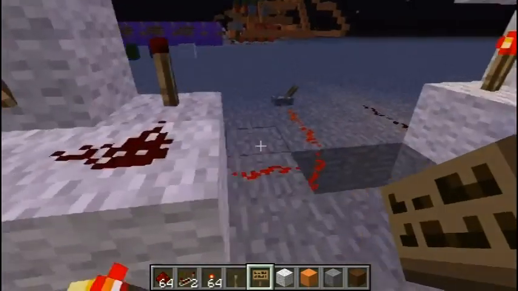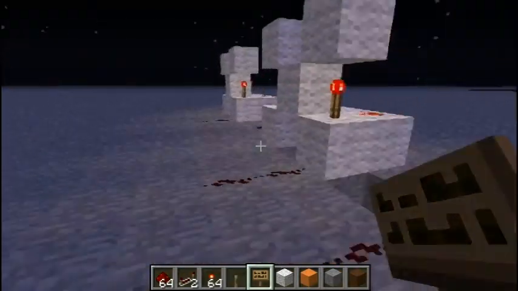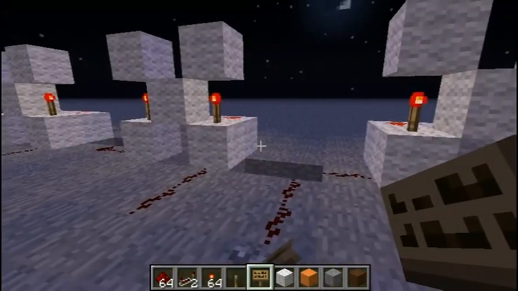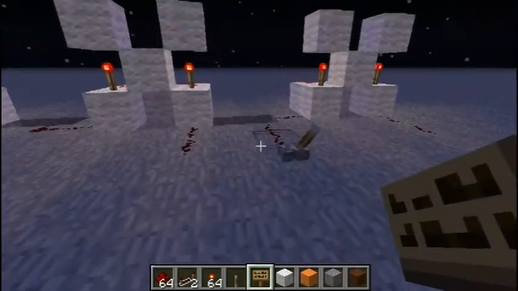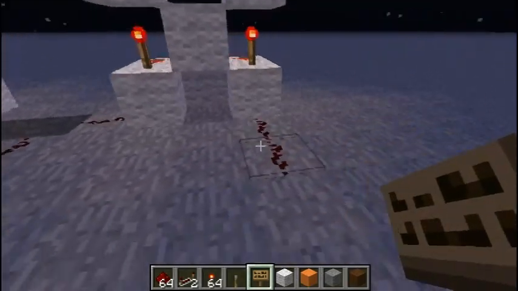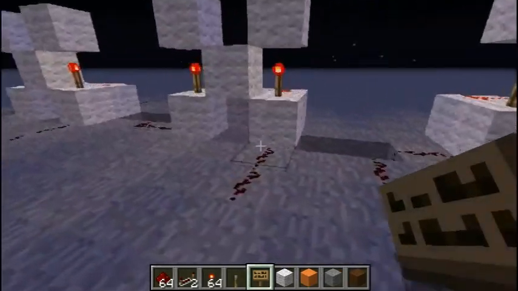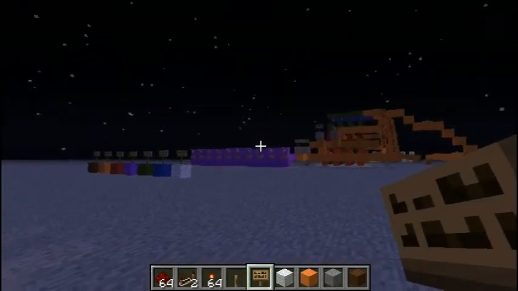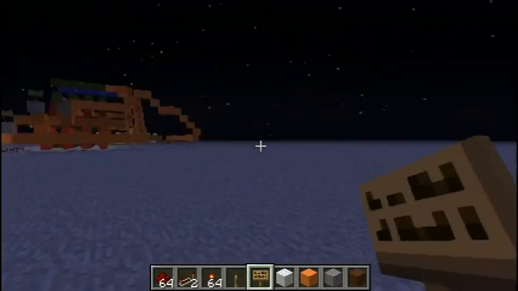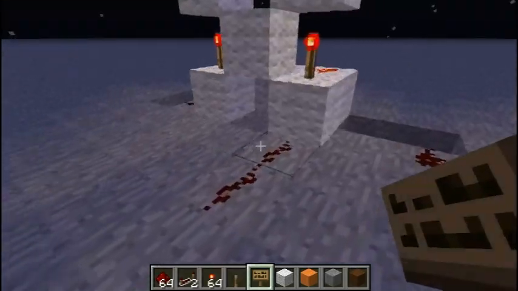If they're different, on. Now, the way this is going to be implemented into the calculator, and I've already done it, but the way it works is these inputs, the ones on the right here, will be the binary input from number 1, or number 2, I guess now. Yeah, from number 2.